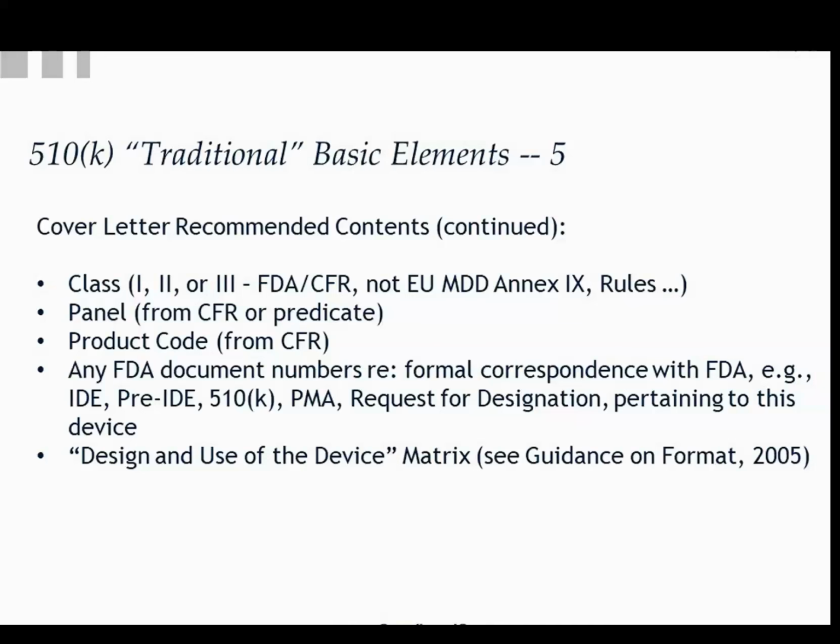FDA classification is defined by law. In the European Union and countries that abide by that same model, it's determined by you, the manufacturer, and your notified body, primarily the notified body, based on rules in the Medical Device Regulation/Directive. The panel that comes from the Code of Federal Regulations, the 800 series, tells you which panel it is.